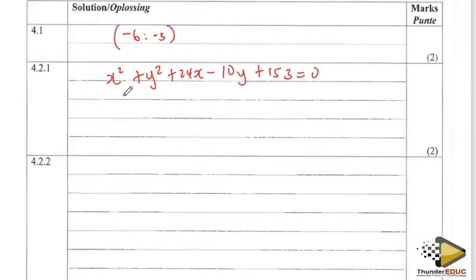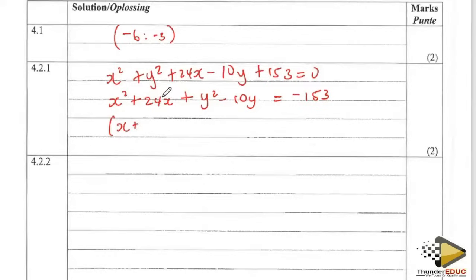Remember what we said. You can do the grouping if you want. The x and the y. So I'm going to say x squared plus the 24x. And then I'm going to have y squared minus the 10y. I'm going to take this side, which is negative 153. Then when I complete my squares, remember we said it's x, and then the sign, which is a plus.